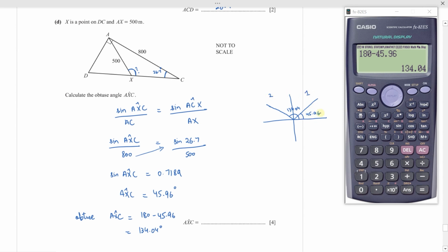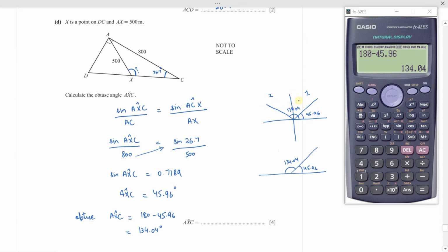So if you take sine of 45.96 or sine of 134.04, you will get the same value. And since we are interested in the obtuse angle, we found the acute angle, so we do 180 minus 45.96. So basically on a straight line, you have 45.96 on this side and 134.04 on this side. So that's how we calculated this obtuse angle, which is in the second quadrant.